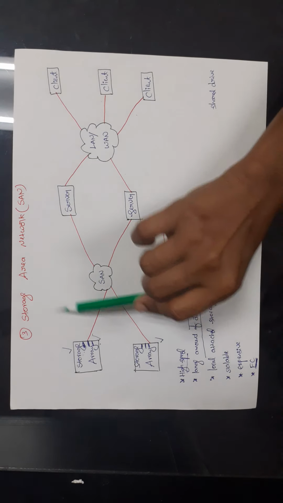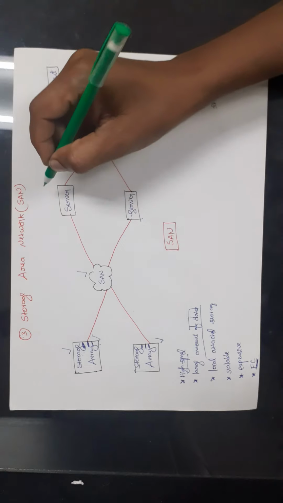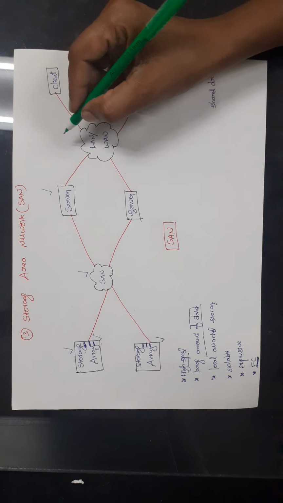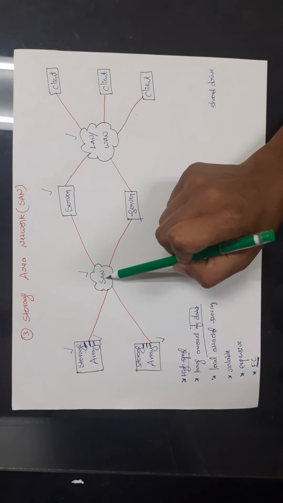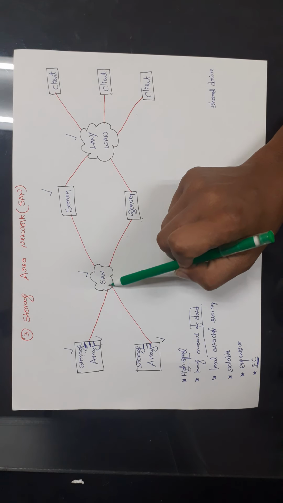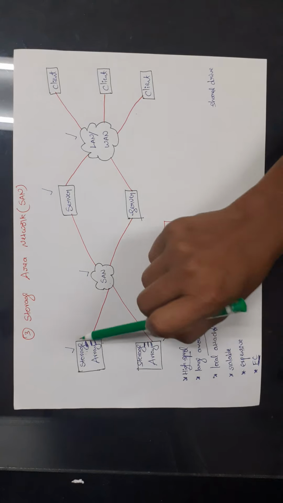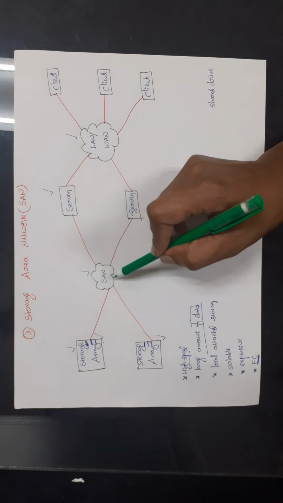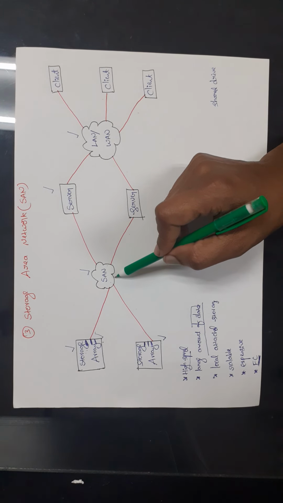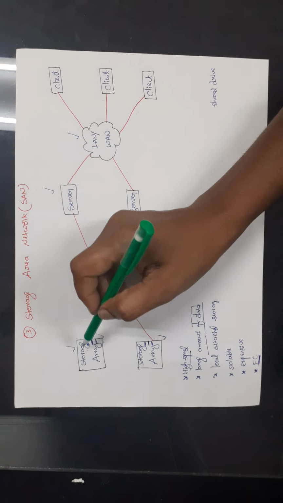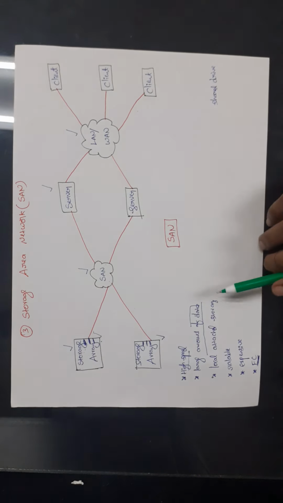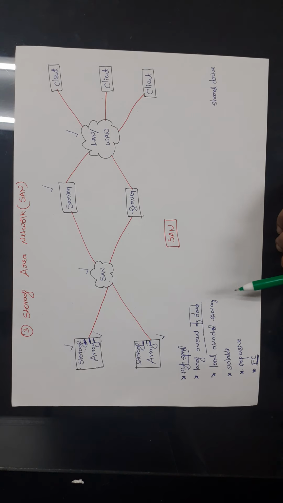In the storage area network we have LANs and servers. This is a storage area network. Storage area network connects all the storage arrays, and it will maintain duplicate copies of data.